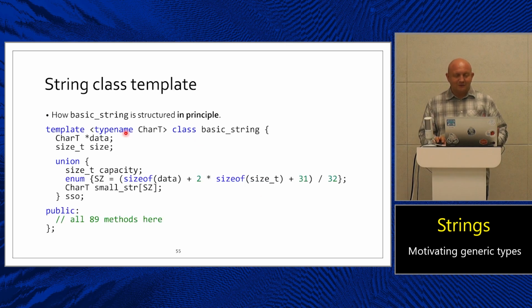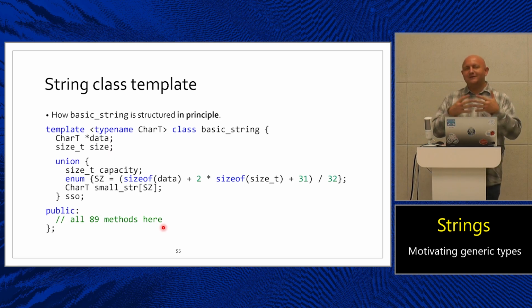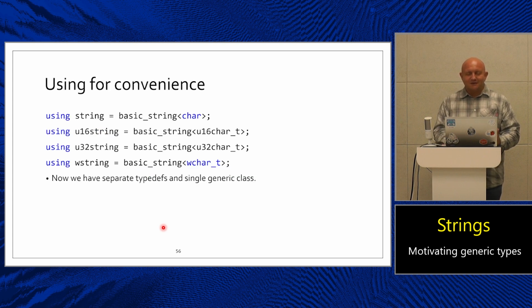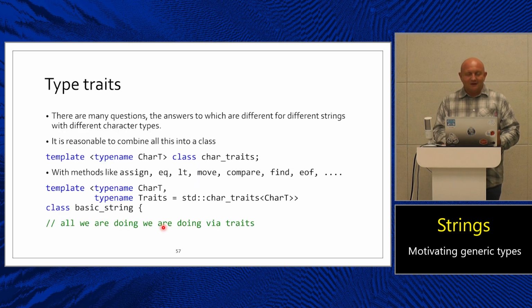You see, we have char T, we have some methods, and one of those methods may want to compare characters, make them lowercase, test for end of file, and so on. And this is not simple, but we do have a good idea.